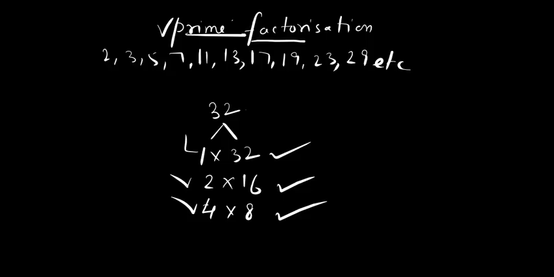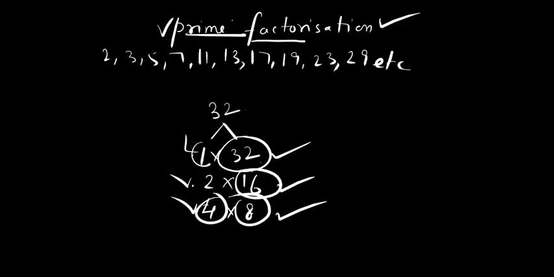So prime factorization means that you have to get the factors of a number using only prime numbers. You need only prime factors. So 32 has 1, 2, 3, 4, 5, 6 factors. But 32 is not prime, 16 is not prime, 8 is not prime, 4 is not prime, 1 is not prime.